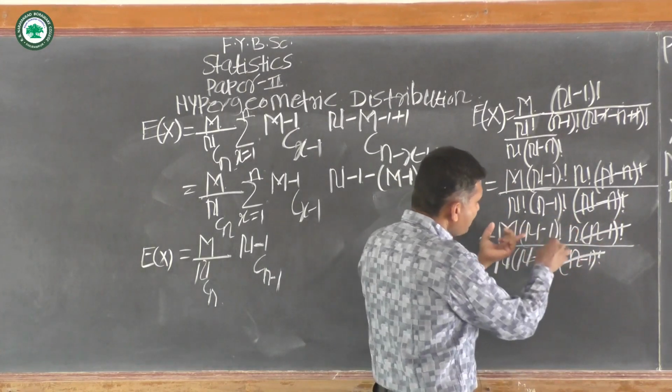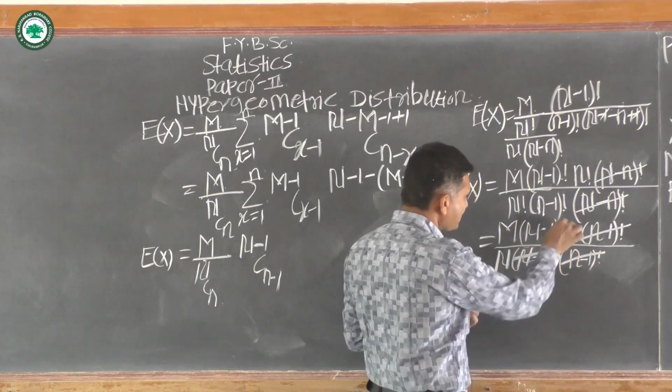Again (N minus 1) factorial and (N minus 1) factorial get cancelled.